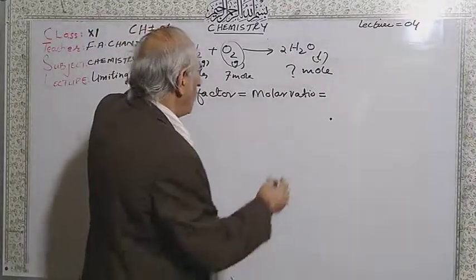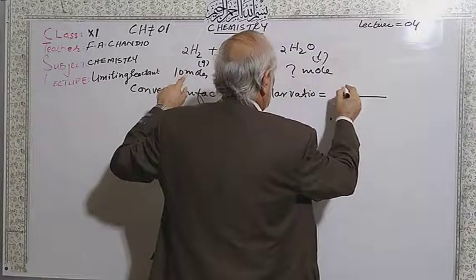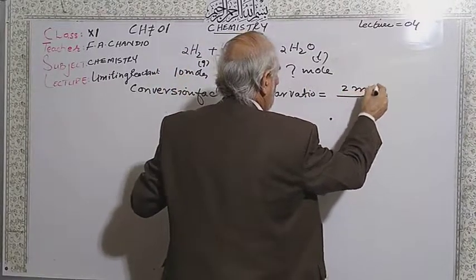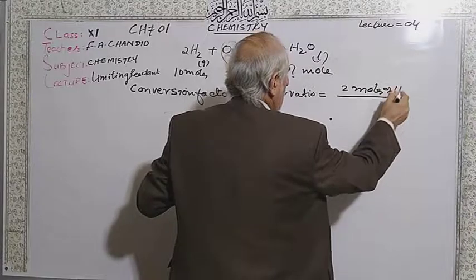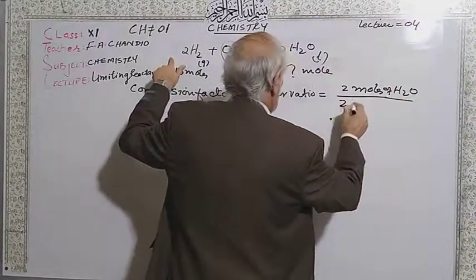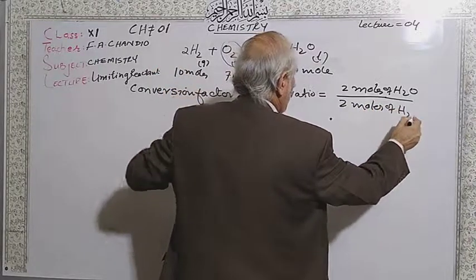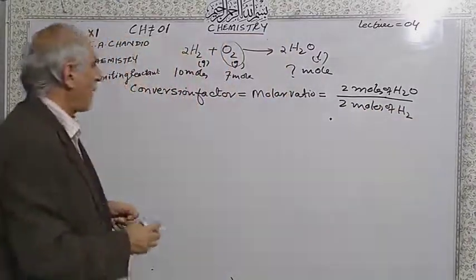This is called a molar ratio. So that is why 2 moles of water divided by 2 moles of hydrogen is the conversion factor.